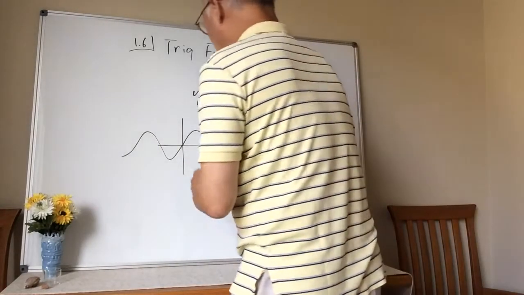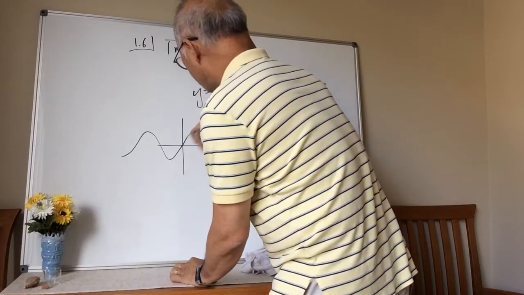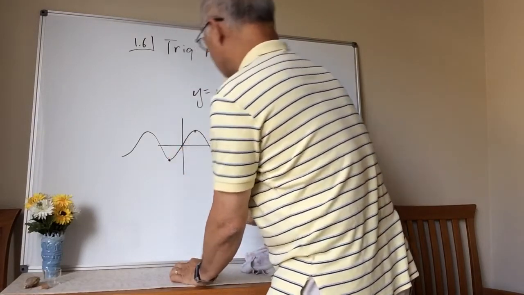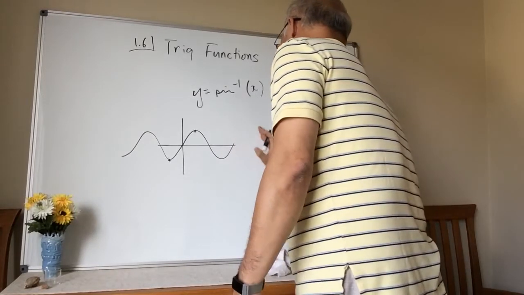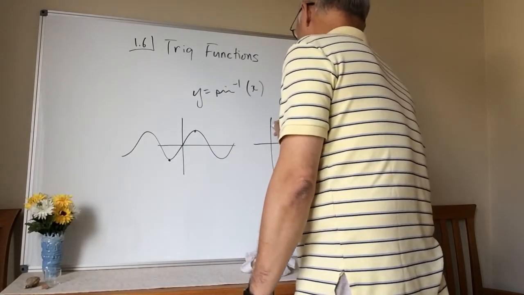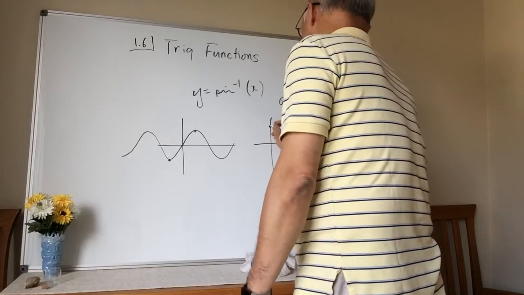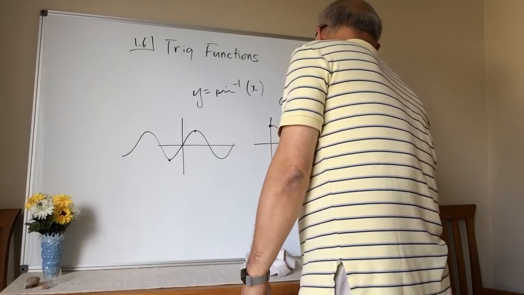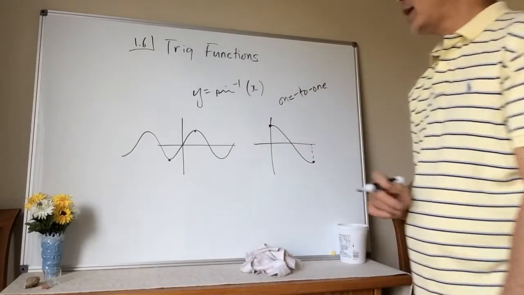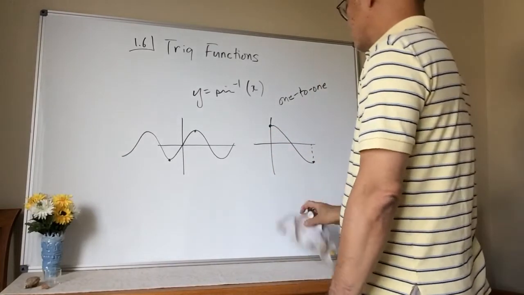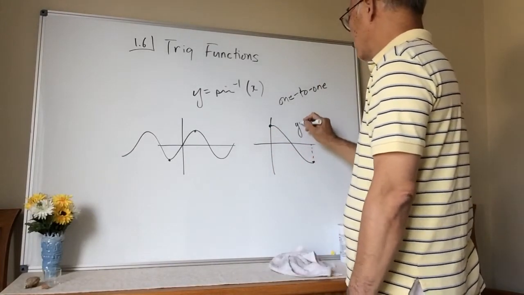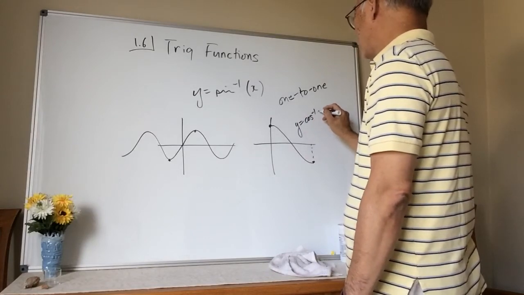So for sine, we cut it off between here and here. Now for cosine, we cut it off from here to here.